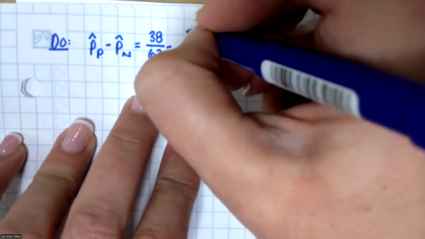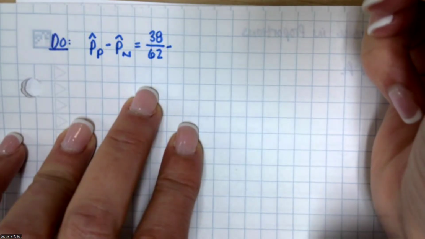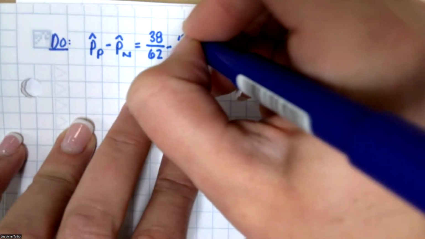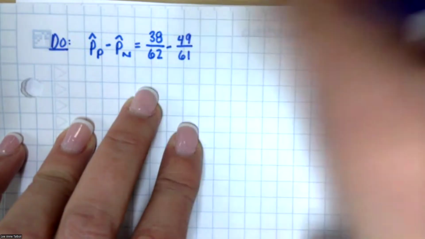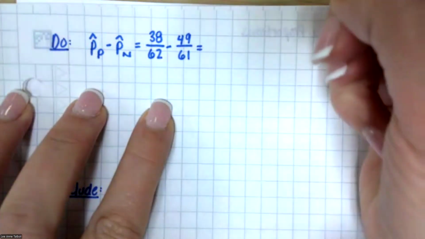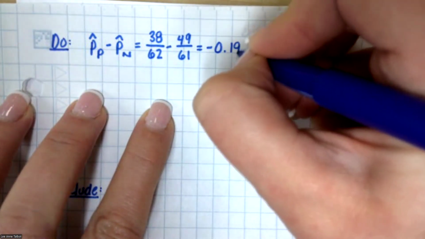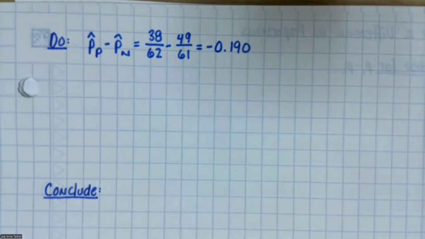And then non-preschool. Does that look right? Okay. And then that comes out to be negative 0.190. Okay. Everybody okay with where I got all that from?